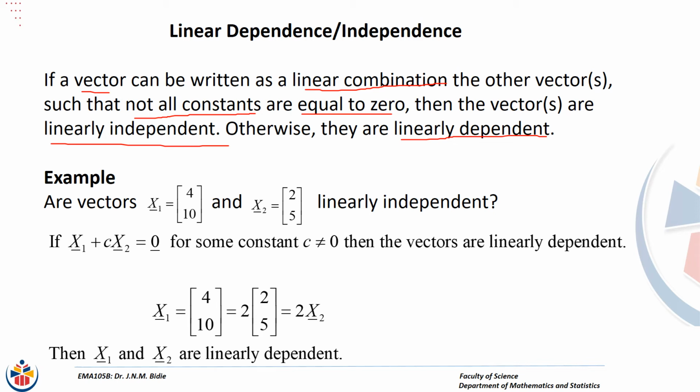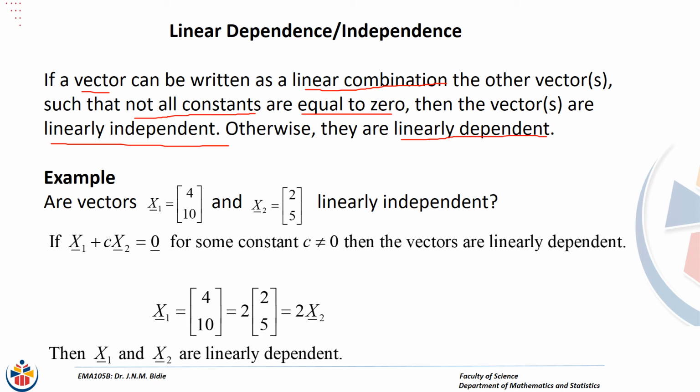Now let's go for the example. We've been asked here, are these two vectors x1 and x2 linearly independent? Here we need to check whether x1 is a scalar multiple of x2.